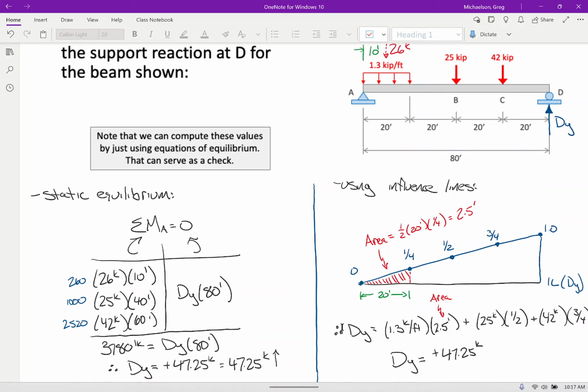Let me maybe parse this question out, maybe break it up into two separate questions. I have a 50 kip load. Here's my 50 kip load, and I'm moving it across the structure. If I want to generate the biggest reaction at D possible, where do I put the load? At D, right? Now, two reasons why.